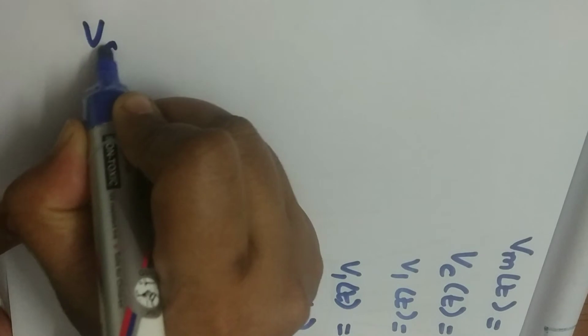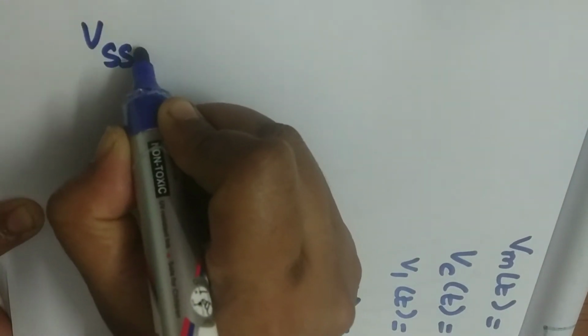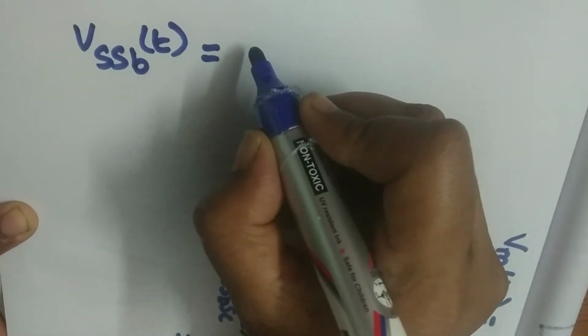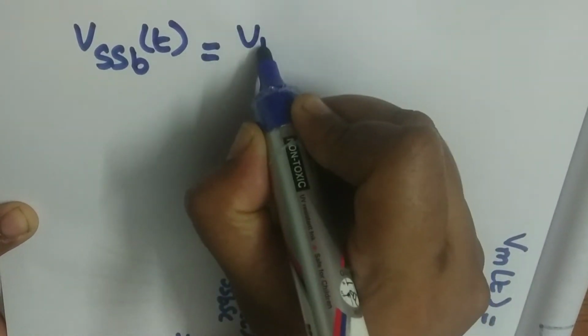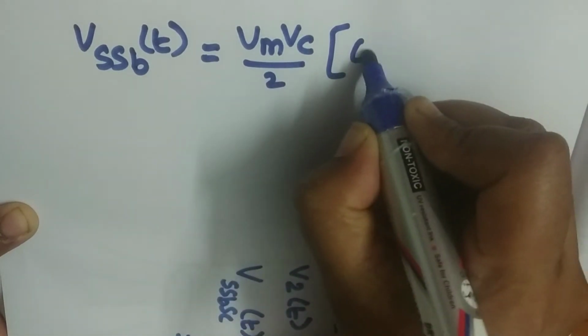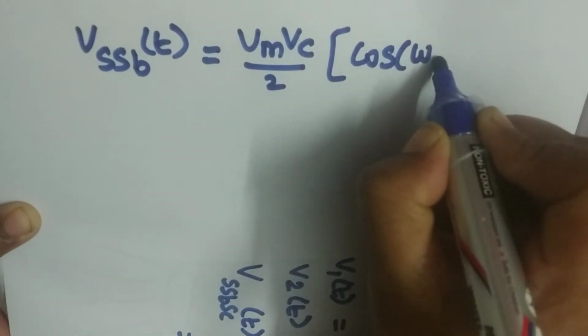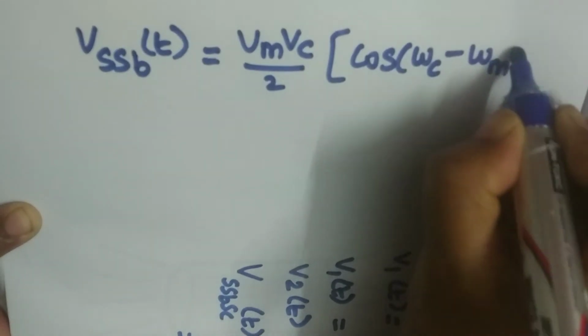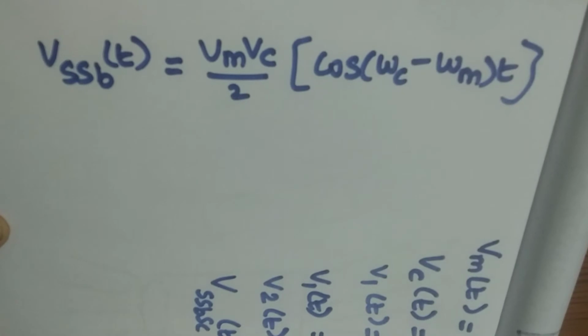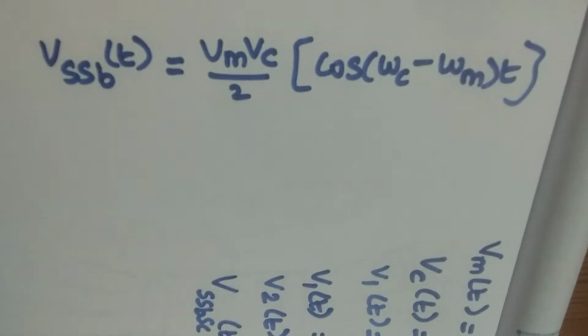So the voltage distribution for single sideband suppressed carrier amplitude modulation is Vm Vc by 2 into cos of omega c minus omega m into t.